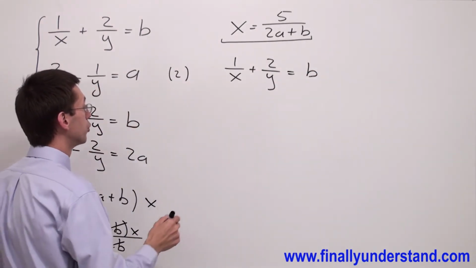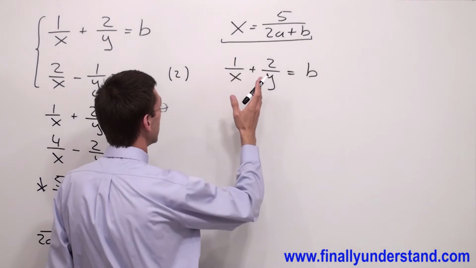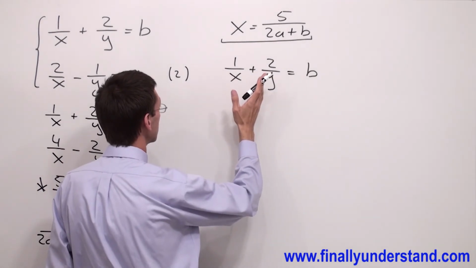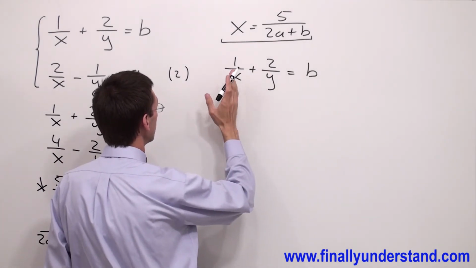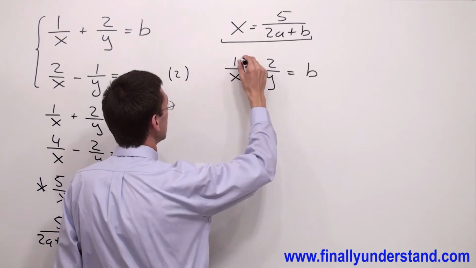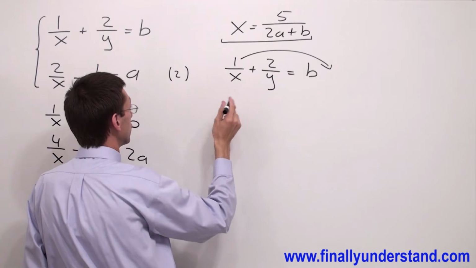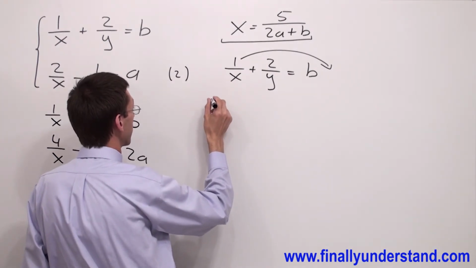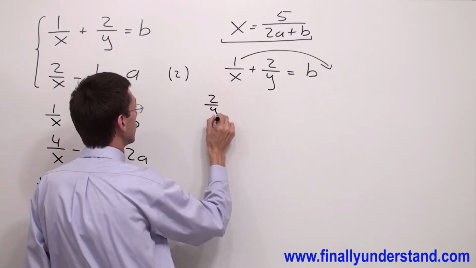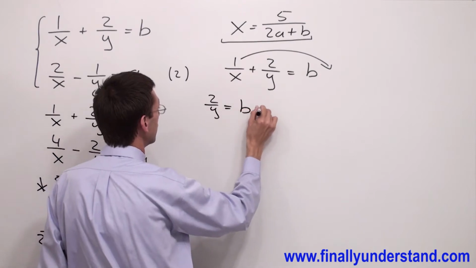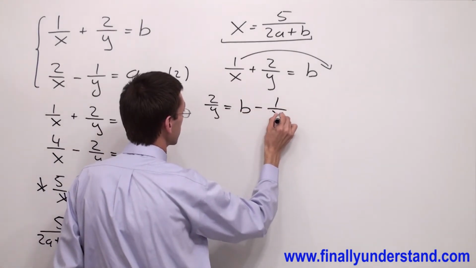First, I'm going to make sure that the term with y stays on the left side, and the fraction with x goes to the right side, because I'm trying to solve this equation for y. I have 2 over y is equal to b minus 1 over x.